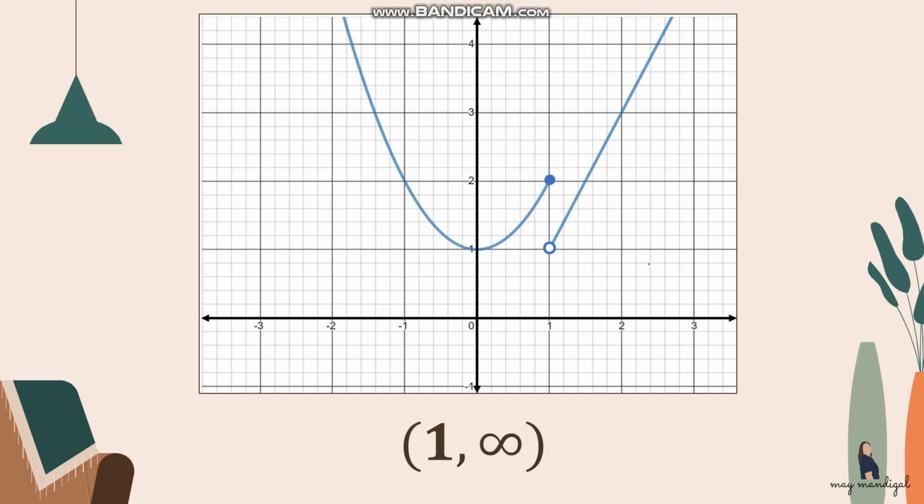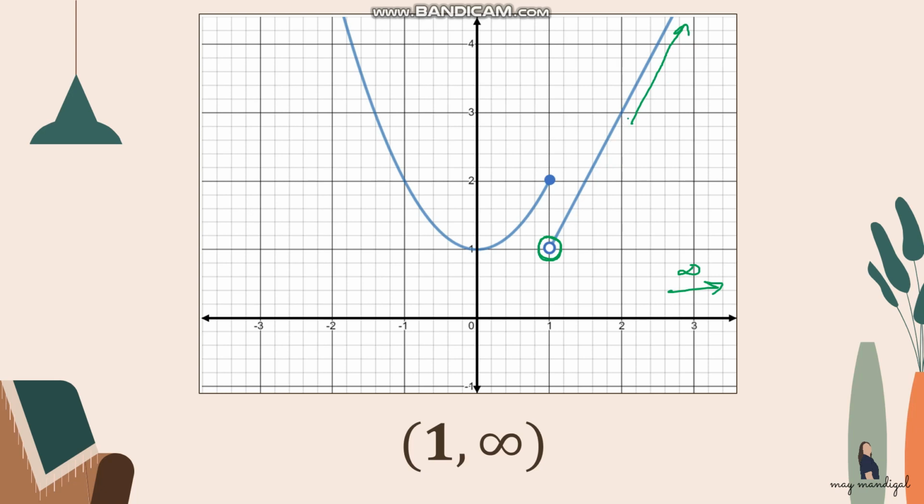Next, let's have from 1 going to positive infinity, but the boundary is not included. So we have 1 not included, so we will be using this point. For positive infinity, this is where x is going. Our graph just follows along, so it goes like here also.